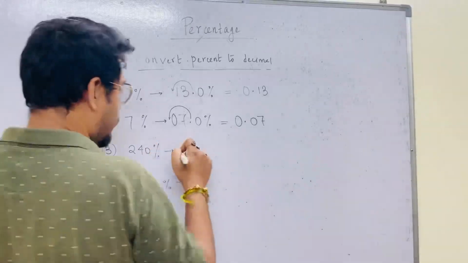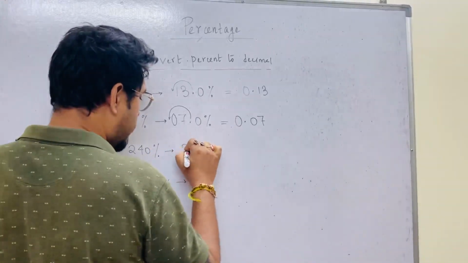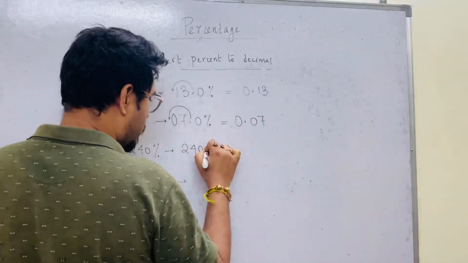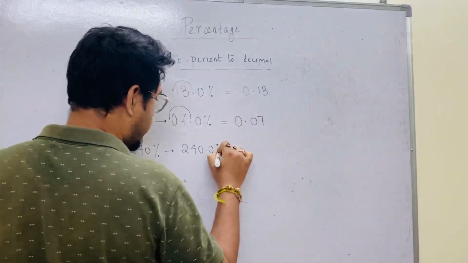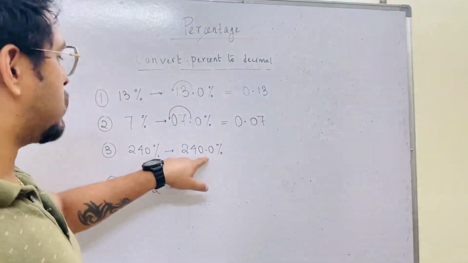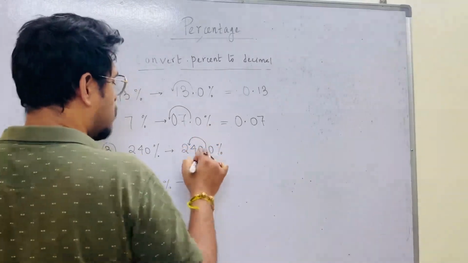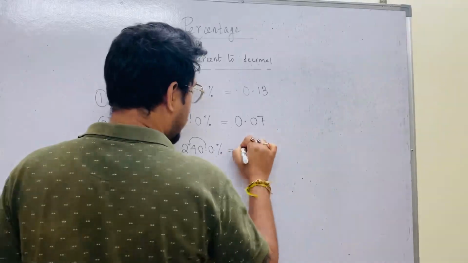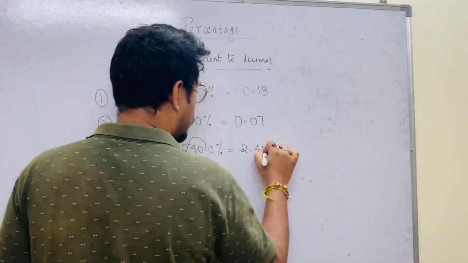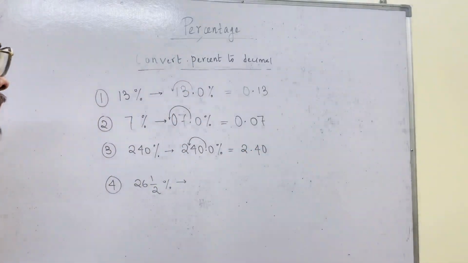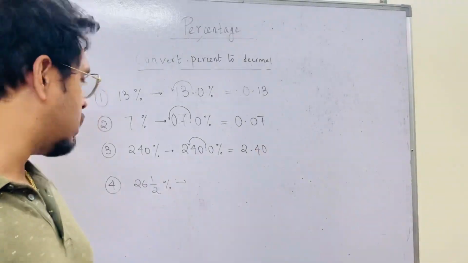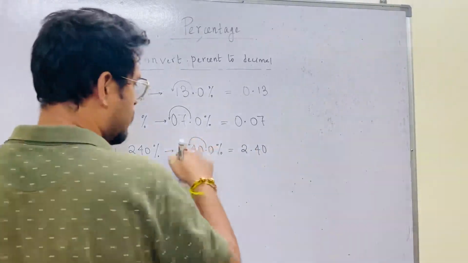Same for this one as well. 240% can be written as 240.0%. Now it will go 2 digits to the left, so it is going to be 2.40. That is the decimal answer. See, that is how fast it is if you do it this way.